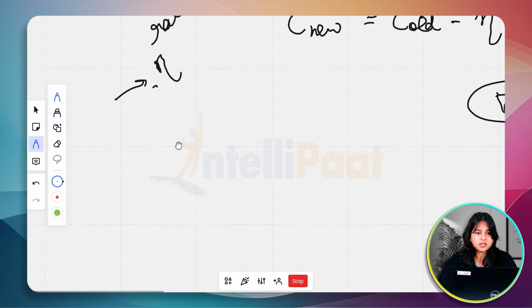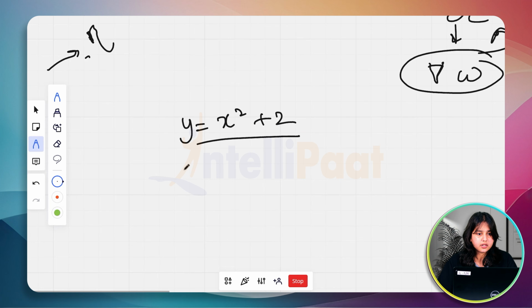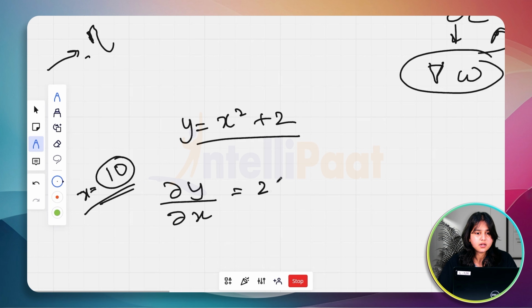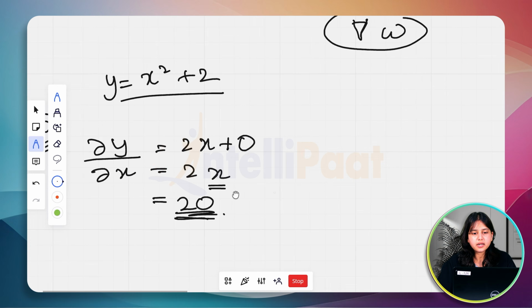So let's take an example. Let's say we have an equation, y equal to x square plus 2, right? And in order to find the slope at say x equal to 10, let's find the slope: 2x plus 0, so it is just 2x. So 2, and then we put the value of x, which is 10, so it becomes 20. So you can say this is our gradient or slope, right? So let's apply it in the equation.